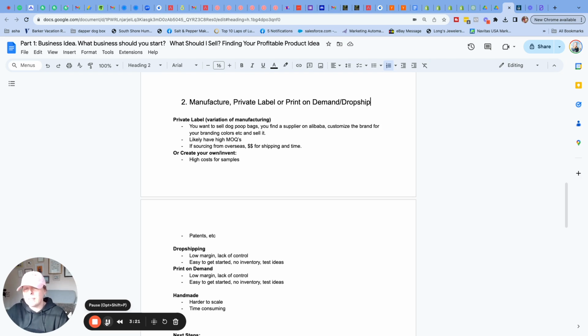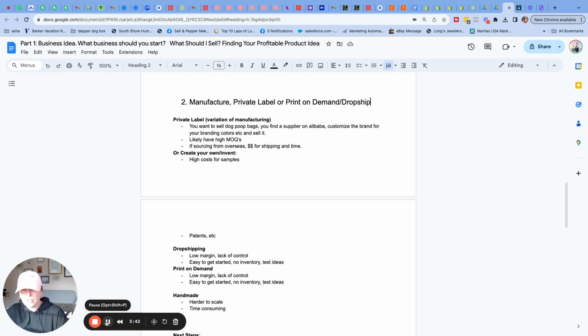So really, really easy. Some of the negatives of private labeling, and again, some of the information I'm giving you is based on assumptions. I'm going to assume for the most part that you will likely have high MOQs, so minimum order quantity.